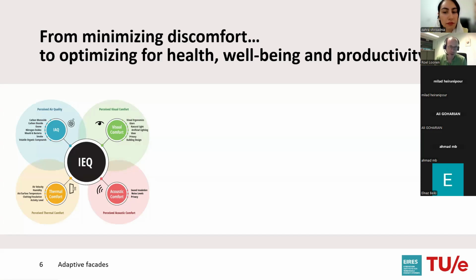It's about indoor air quality, acoustics, and very important also in the context that we are talking about, visual comfort. So this has to do with the amount of light coming into spaces, which should on the one hand be enough, plentiful if possible, but on the other hand, we want to avoid glare or too much direct sunlight.